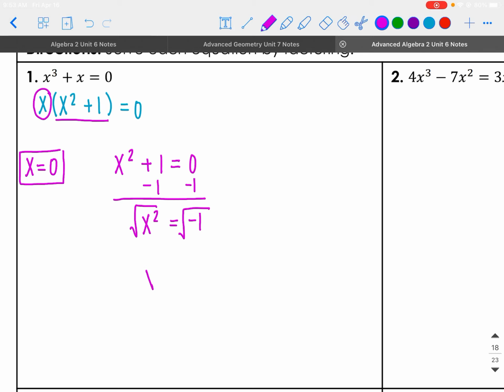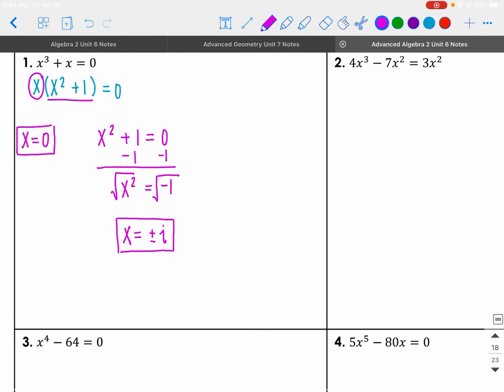And then we take the square root. So x equals, the square root of -1 is i. And remember, we always write plus or minus in front of it. So plus or minus i. So positive i and negative i. And those are the x-intercepts.